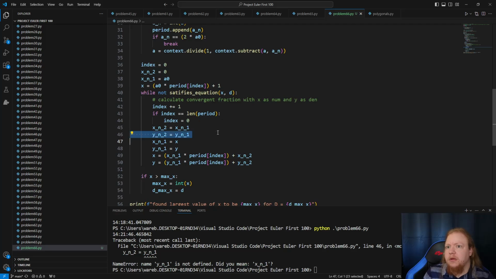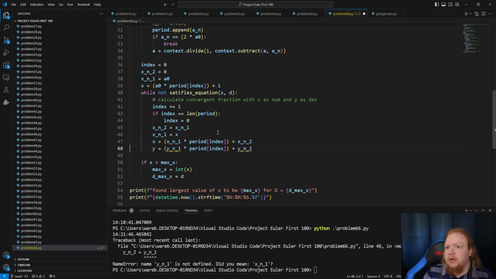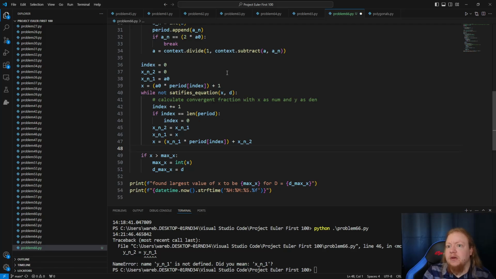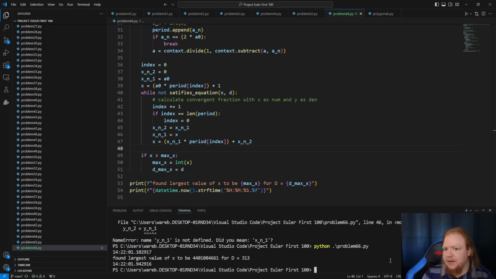Oops. I did not fully take out all of these unnecessary pieces. Okay, so now we're finding the wrong answer. So I'm probably not checking for y properly.